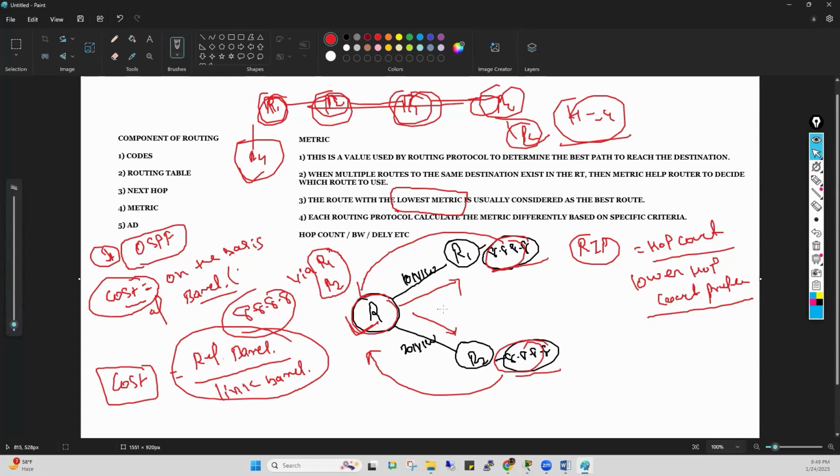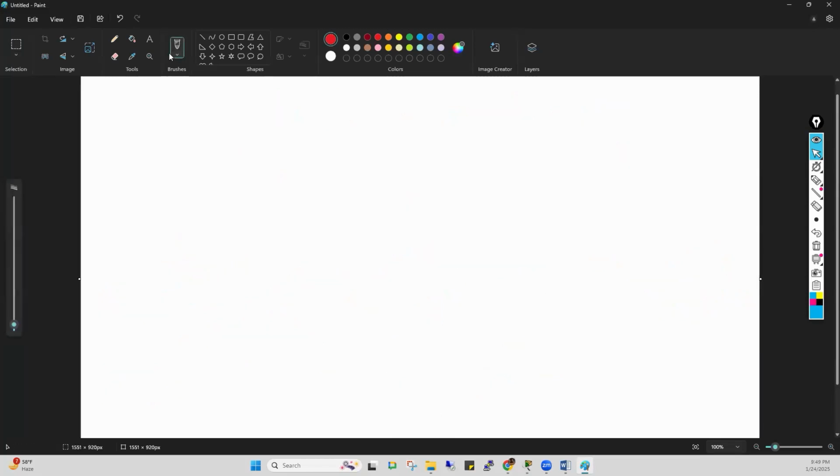And in case of OSPF, the router uses the cost value, and the router calculates the cost on the basis of bandwidth. For example, there is one more routing protocol, that is EIGRP. EIGRP also uses a metric.